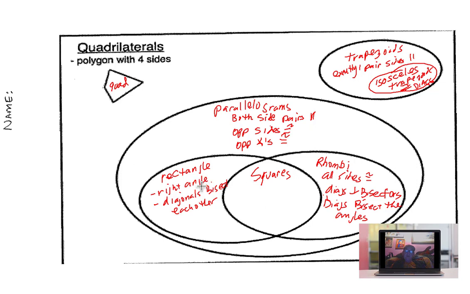The squares, then, are both rhombuses and rectangles. So a square has a right angle, the diagonals bisect, all sides are congruent, the diagonals are perpendicular bisectors, and the diagonals bisect the angles, the angles that they go to.